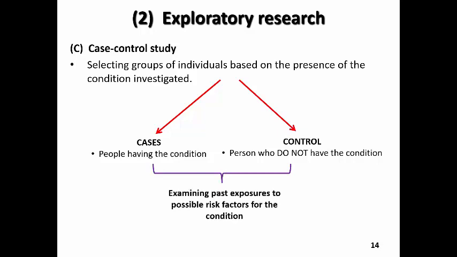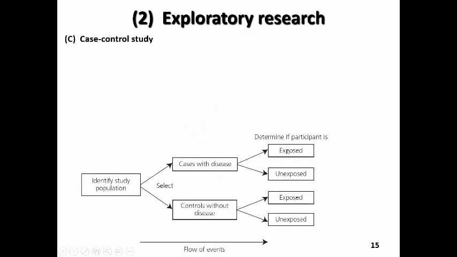The research begins by examining two groups of research participants, one with the disease, one without, and attempts to examine previous exposures to possible risk factors and any statistical trends that might account for the cases versus the control. What might account for the differences between these two groups of individuals?